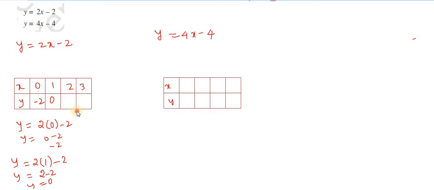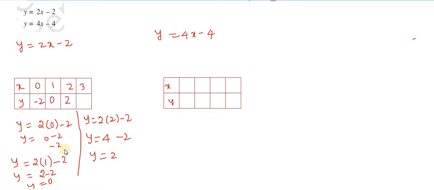Then next, I took the value 2 here. So y is equal to 2 into 2 minus 2. 2 twos are 4, 4 minus 2, so y is equal to 2. You can write the value 2 here.